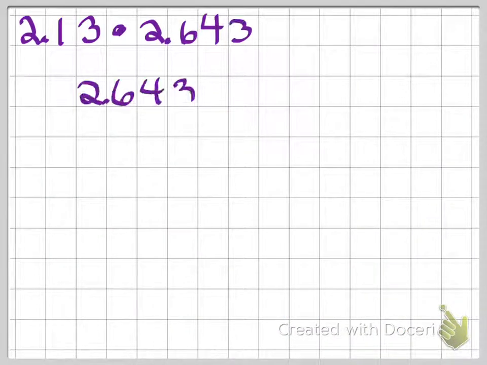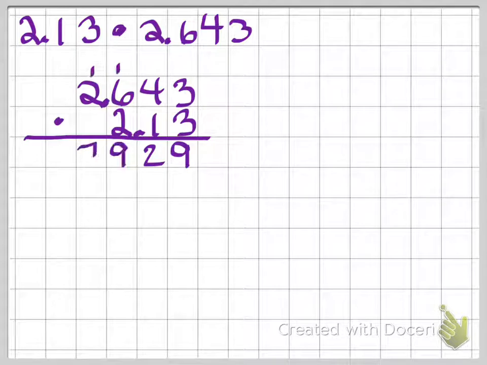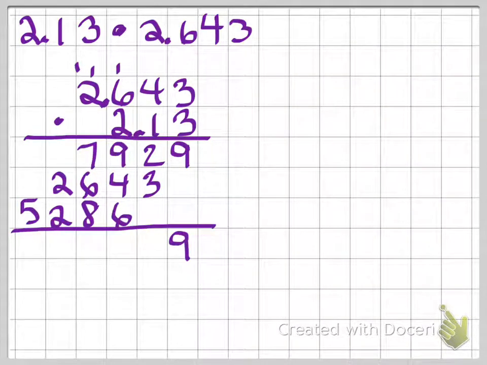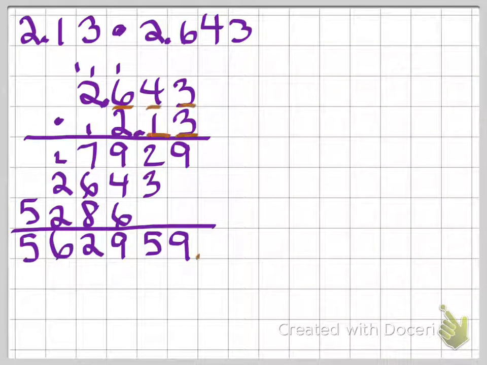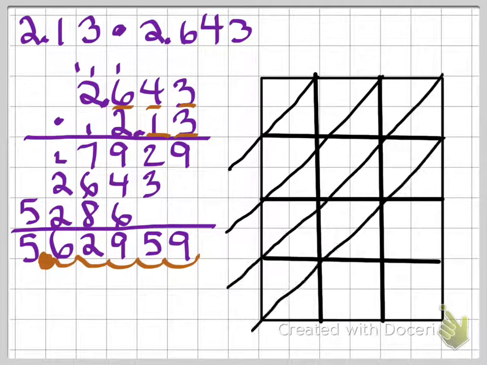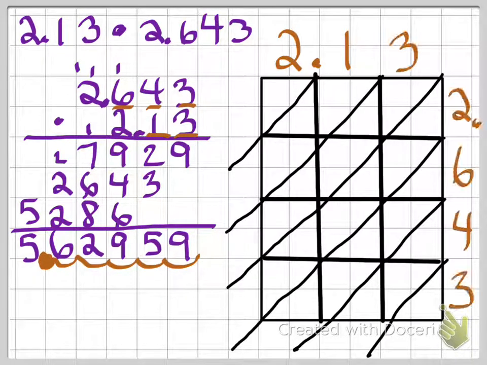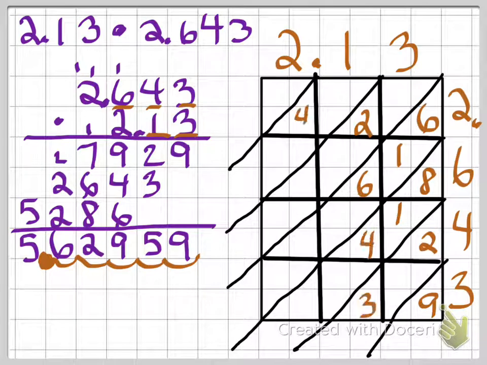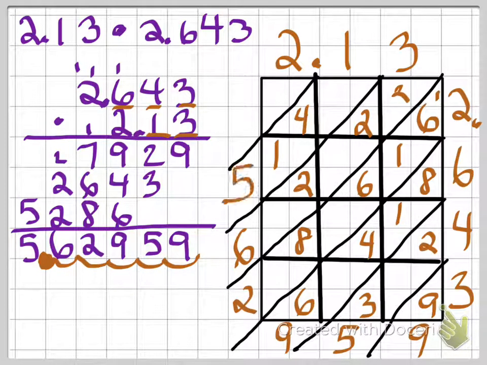In this one, I've got 2 and 13 hundredths times 2 and 643 thousandths. I have now shown traditional multiplication, and now I'm setting up the lattice grid, plugging in my numbers. You do not need to know both ways, you just need to know one way. The main thing I want you to take away from this is the location of the decimal in the final answer is determined by the place value that is included by the sum of all of your digits in your question.